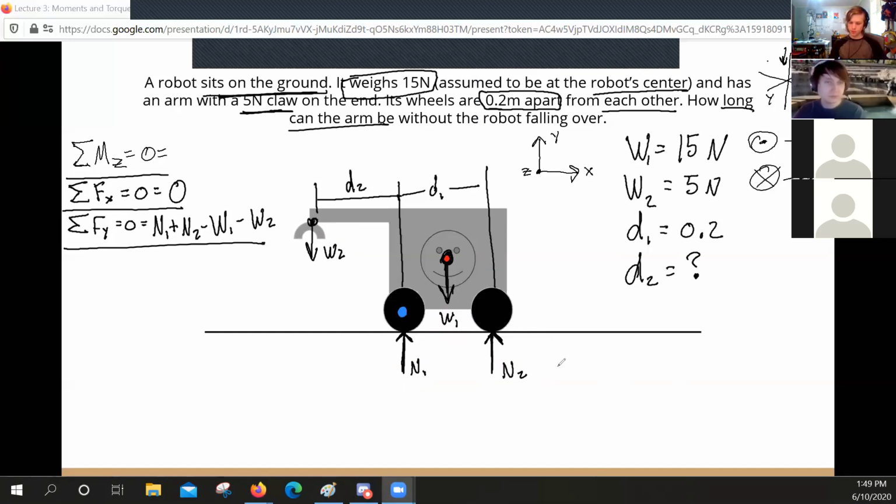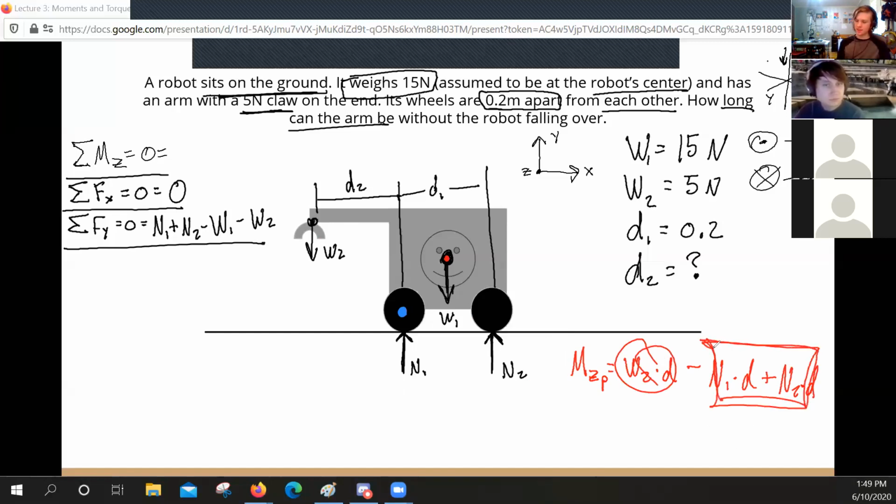So we would say that Mz of P, which P is the pivot, would equal basically W2 times some distance minus N1 times some distance, and then plus N2 times some distance. We could fill in W2, so this would end up being a number. But then we have two unknowns that could be different values, and so we can't solve it. So we just hurt ourselves pretty bad there.